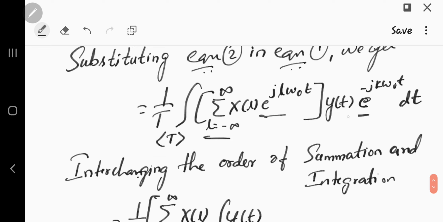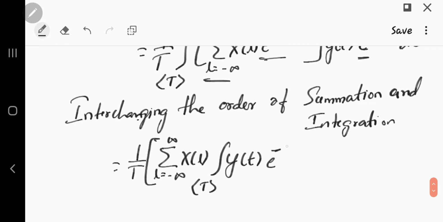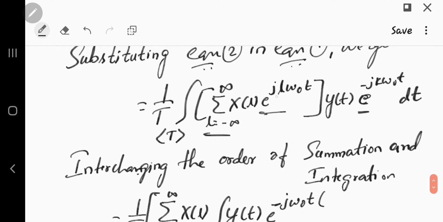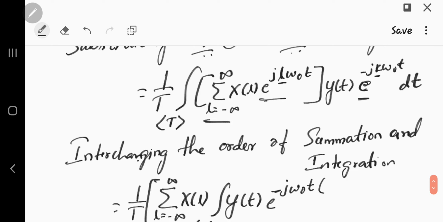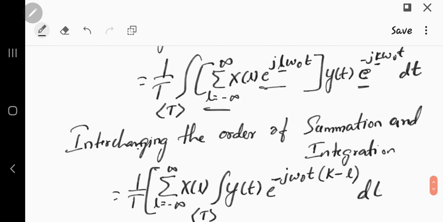As these two have a common base, we can combine them: e power j L omega naught t is plus j and e power minus j k omega naught t is minus j. Since I use minus j, I will be writing k minus L, dt.